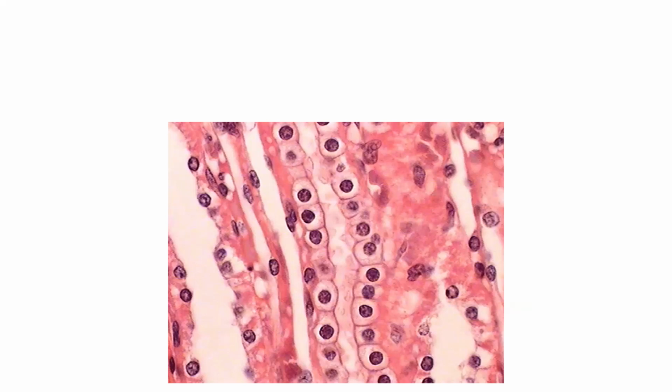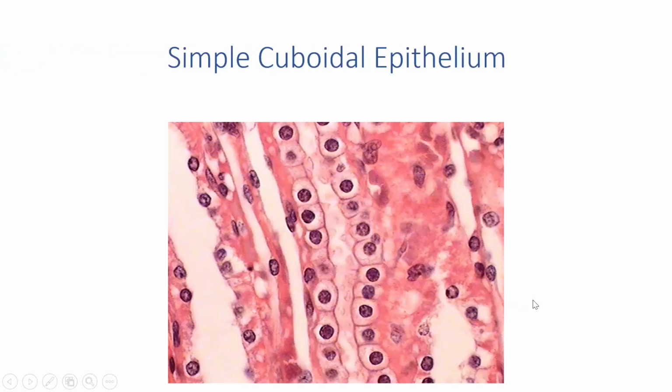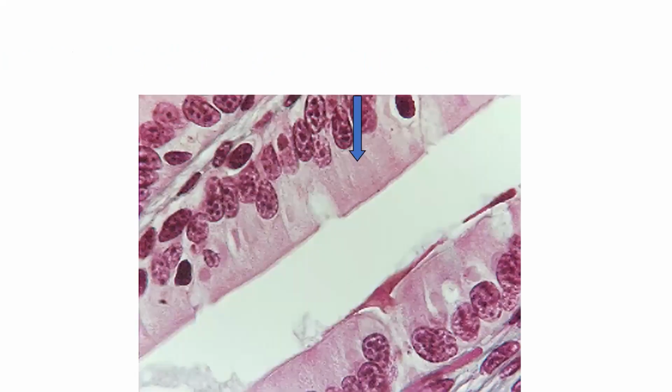That pink and purple only applies, as I mentioned, to bacteria, not to regular cells. So these cells stained pink and they're highly visible, but if we didn't have a stain, they would look transparent. Again, simple cuboidal, primarily in the kidneys to form kidney tubules.